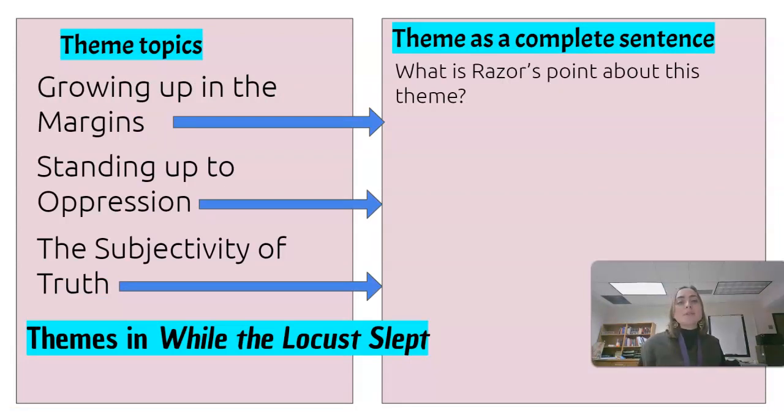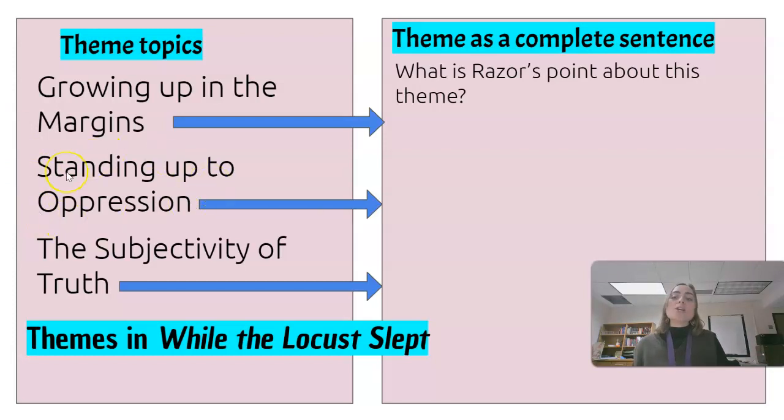For While the Locust Slept, we need to start thinking about what Peter Razor's point is about this theme. So we see that throughout Peter's childhood, he's marginalized, he grows up in the margins. But what is Peter Razor trying to teach us about that theme? You can think about what aspect of Peter's identity you are going to focus on, and what lesson he is trying to teach us.